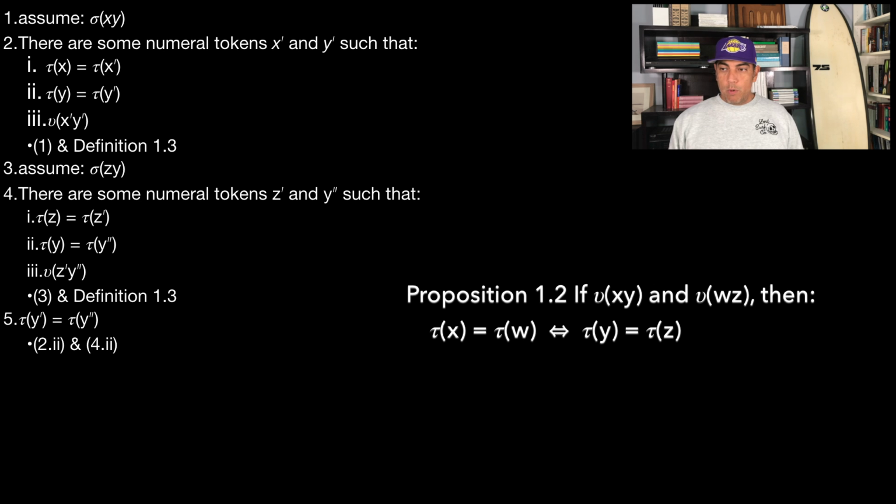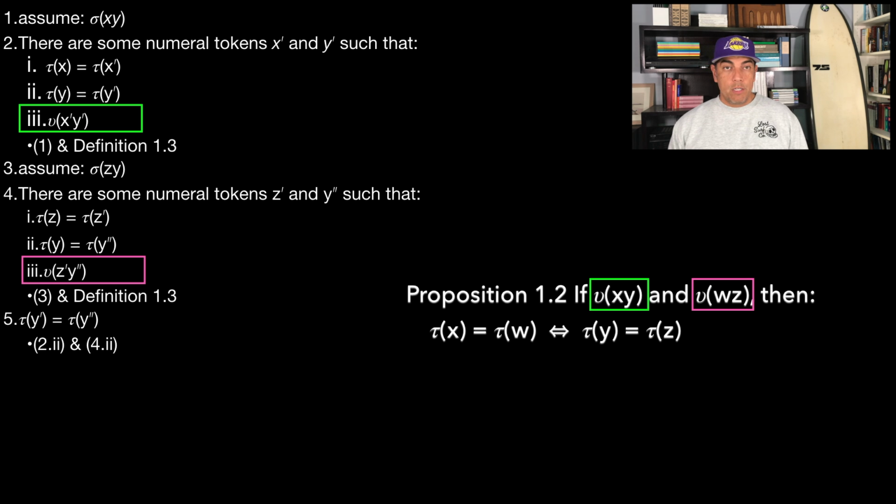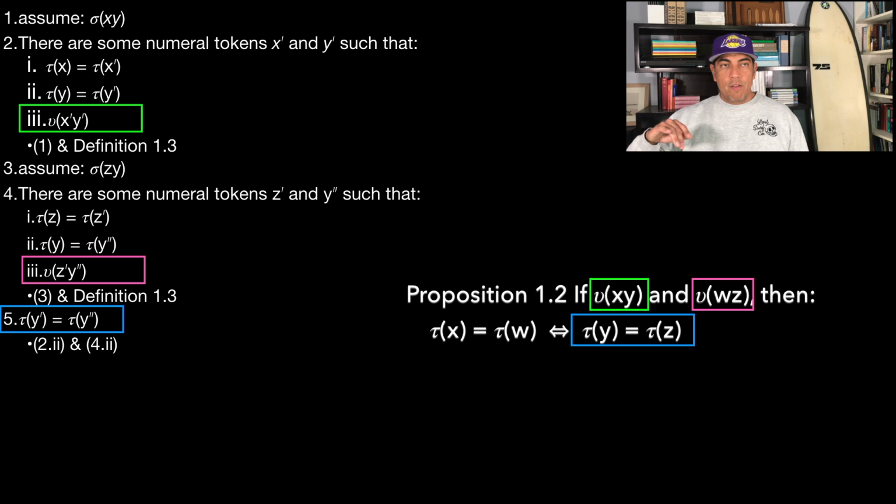Now, remember proposition 1.2. Here's where things start to get really confusing with these different variables. Proposition 1.2 said if you have an upsilon relationship between two numeral tokens, and we do have an upsilon relationship between these two tokens, x prime and y prime, and you have an upsilon relationship between two other tokens, and we do between z prime and y double prime, then if the first two numeral tokens in those two upsilon relationships are the same, then the other two must be the same.